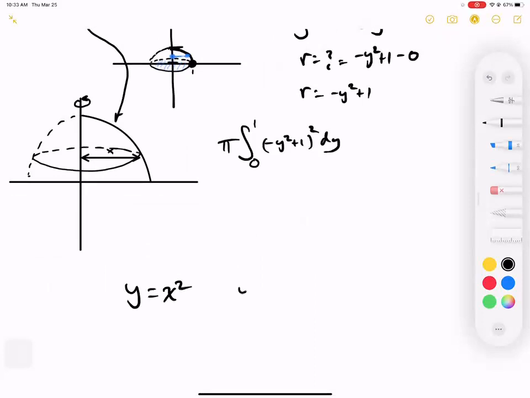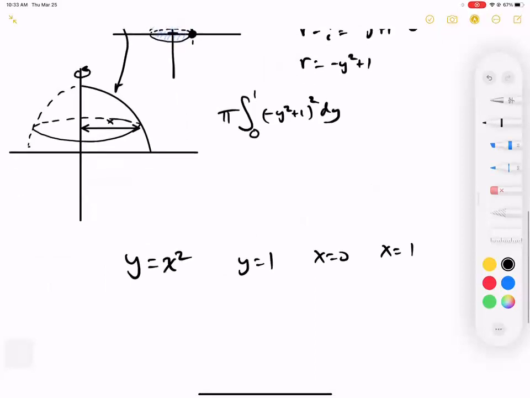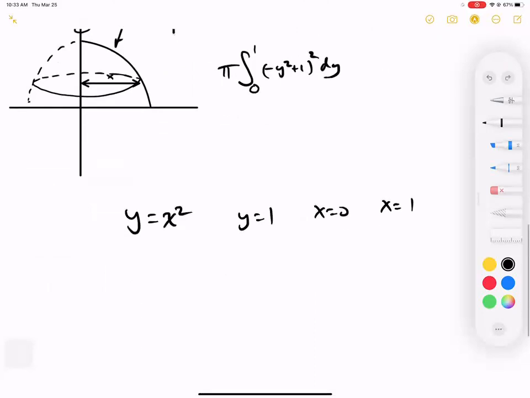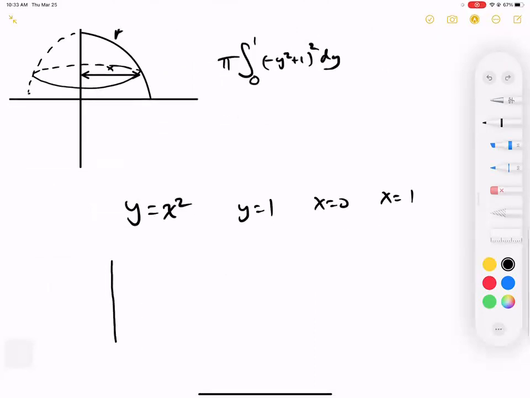We're going to be trapped between y equals 1, x equals 0, and x equals 1. So we've got some boundaries on this graph. Basic parabola. We've seen this parabola before. So let's go ahead and redo this problem. I want to rotate this around the y-axis.